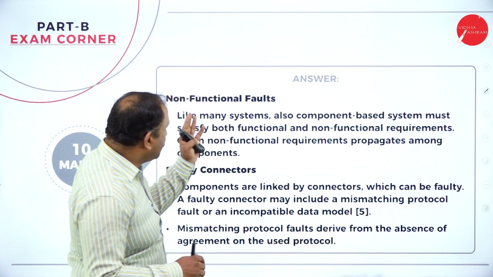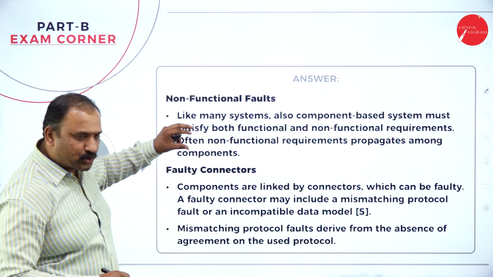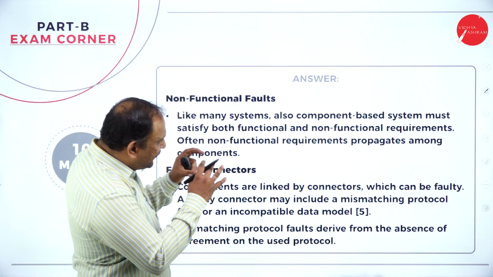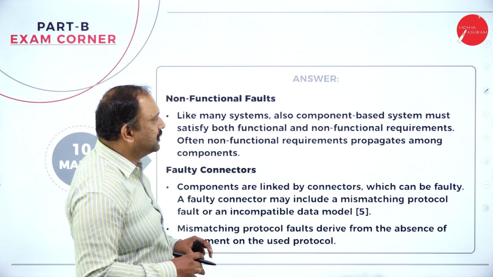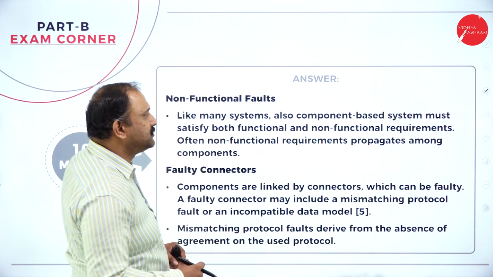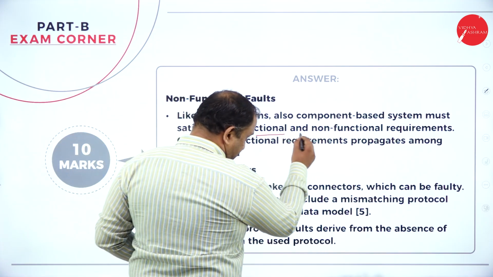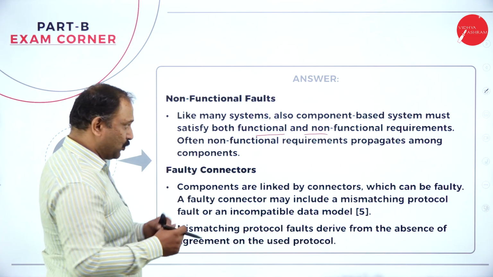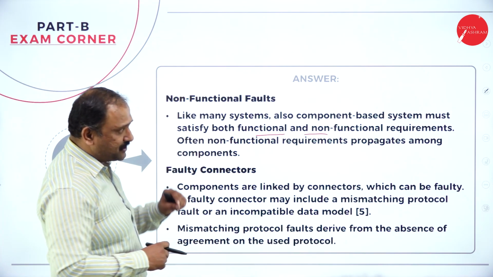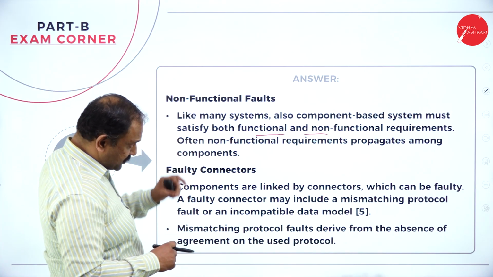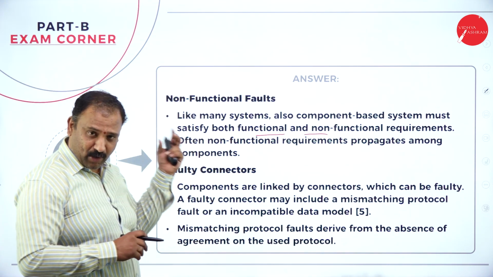In terms of the non-functional faults, we are also going to understand that there are many subsystem factors here, and component-based systems also come inside, which have to satisfy both the functional and non-functional requirements. So what happens here is that the non-functional requirements propagate among the components.